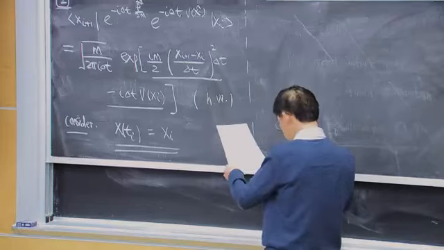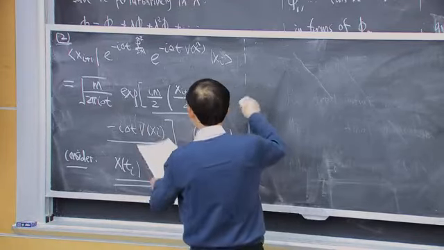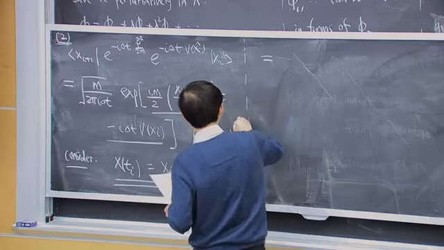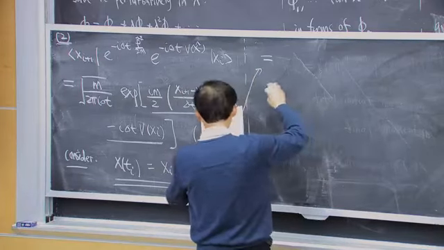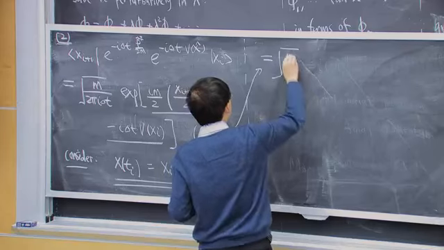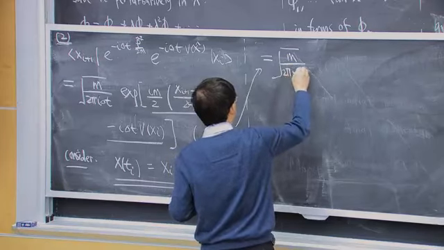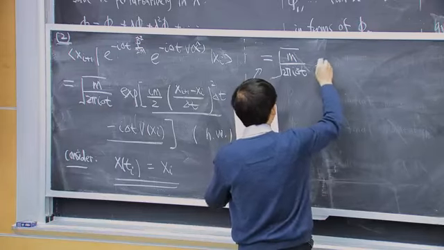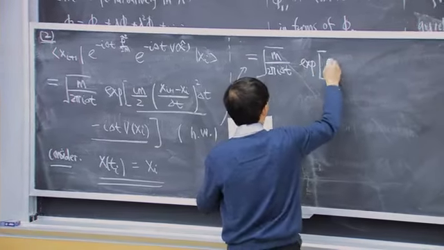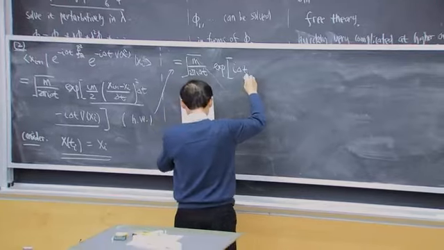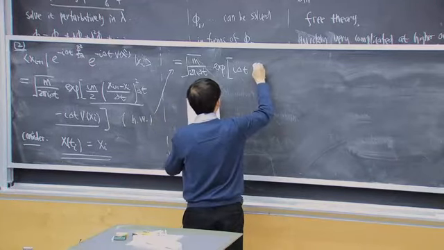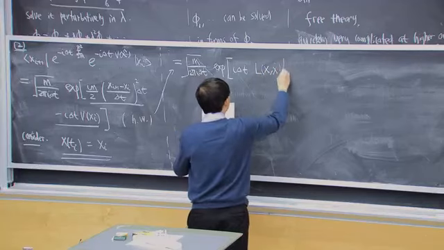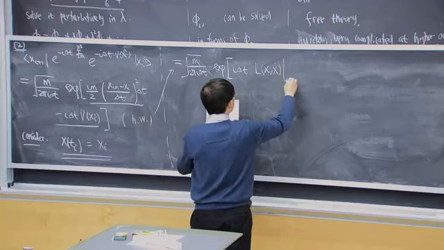So going from here to here, with the same prefactor, it just becomes the exponential of i delta t times the Lagrangian, L(x, x dot) evaluated at x(ti).